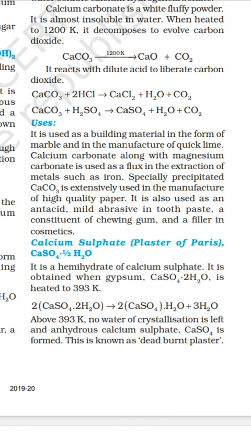It is obtained when gypsum, CaSO4 dot 2H2O, is heated to 393 Kelvin. 2CaSO4 dot 2H2O to form 2CaSO4 dot H2O plus 3H2O. Above 393 Kelvin, no water of crystallization is left and anhydrous calcium sulfate, CaSO4, is formed. This is known as dead burnt plaster.